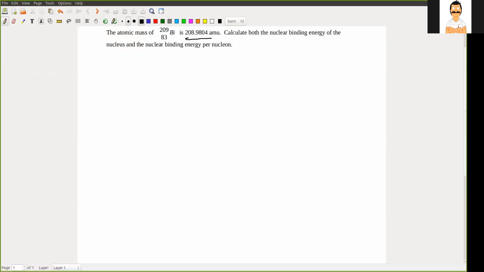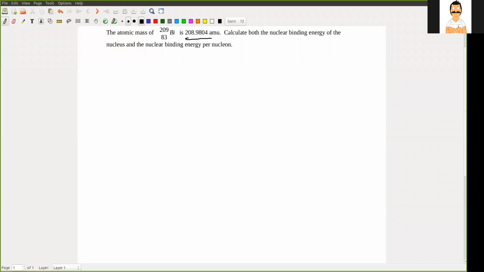Now, electrons are very small, so we're not going to worry about them as much. The order of magnitude is about 4 orders of magnitude less than that of the proton or the neutron. So we're just going to focus on protons and neutrons for this. It'll give us something that is extremely close to the correct answer, to the point where if you include significant figures, it is exactly the correct answer.